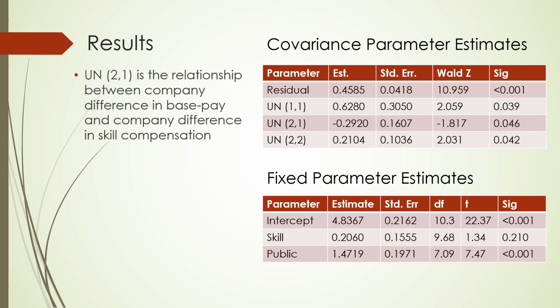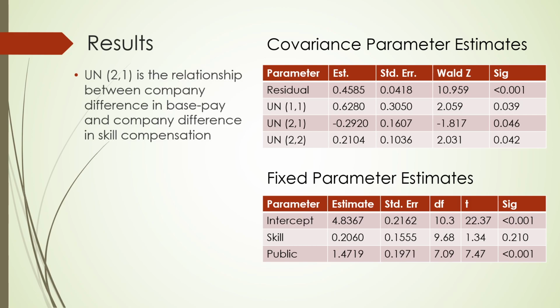And what we're saying is, as we maybe increase the base pay for a company, does the skill compensation also increase or does it maybe decrease? Interpreting this, I can see that the estimate for UN21, the relationship or covariance between the adjustment to base pay at the company level and the adjustment to the skill compensation at the company level, is negative, and it's statistically significantly negative. That is, as one of those increases, the other decreases.